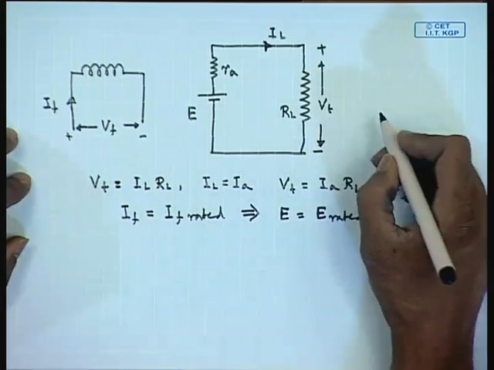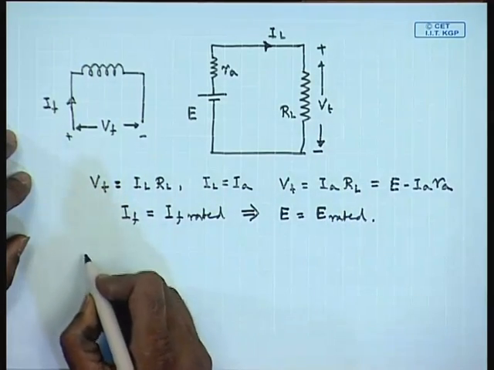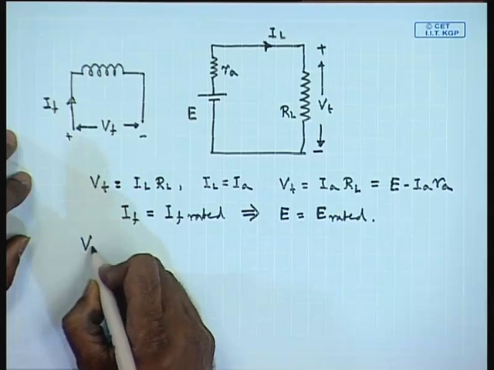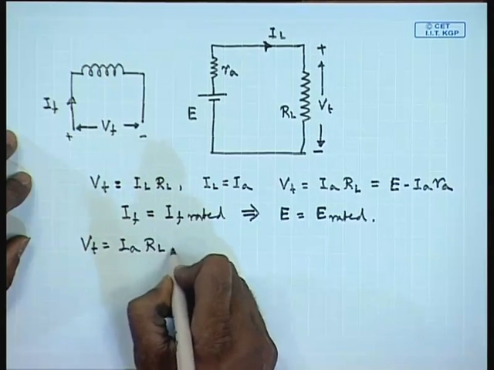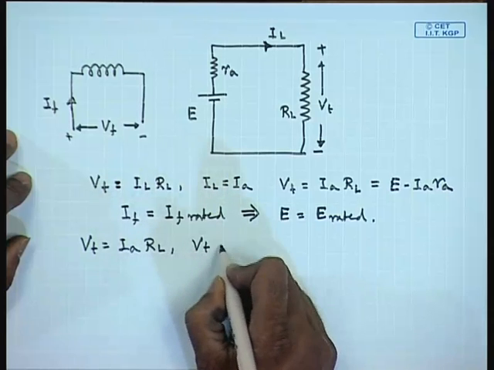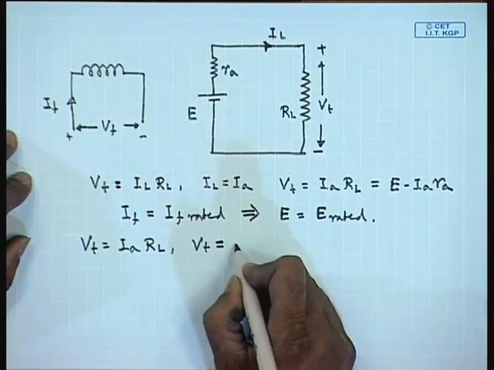So, the operating point can be found out from this relation V t equal to I A R L and V t equal to E rated minus I A R A, by the intersection of these two straight lines.